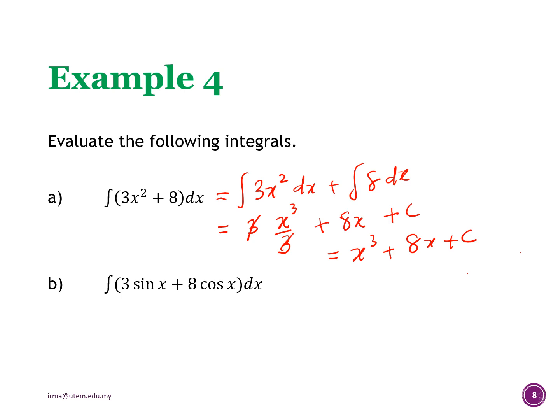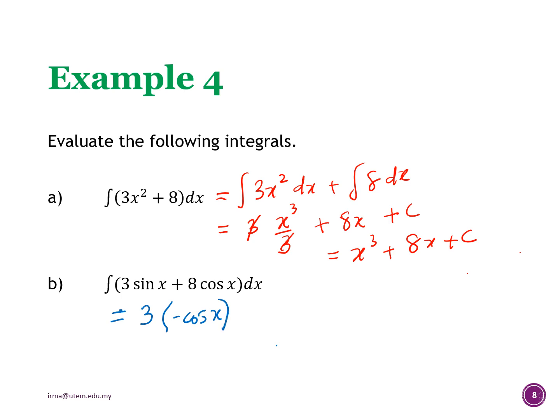Okay, so let's move to the second example, example 4b. This one I don't want to split into two integrals, so I just integrate it directly. Integrate sine x, so I put 3 in front. Integrate sine, you get what? You get negative cos x.